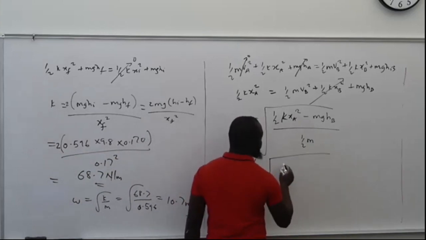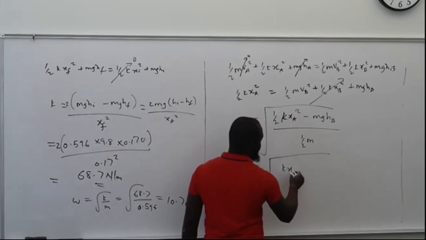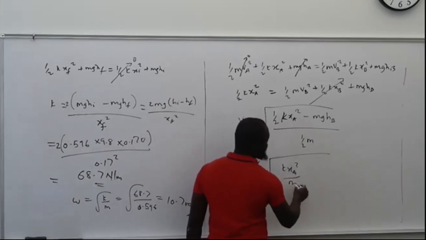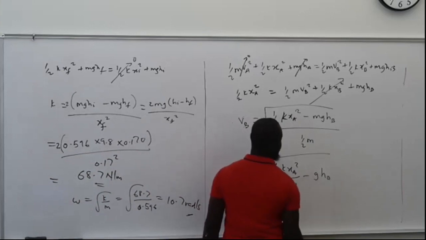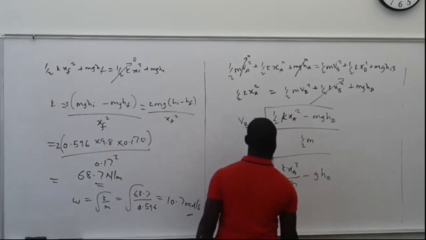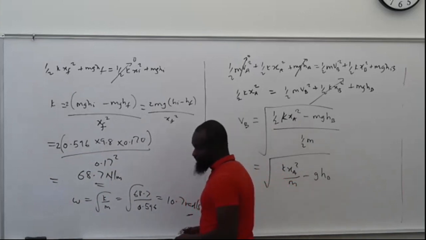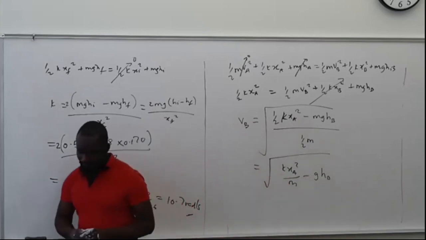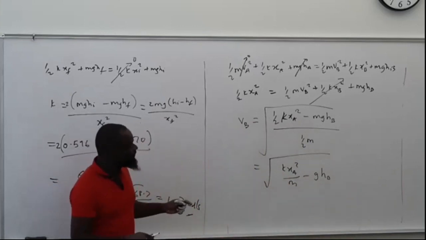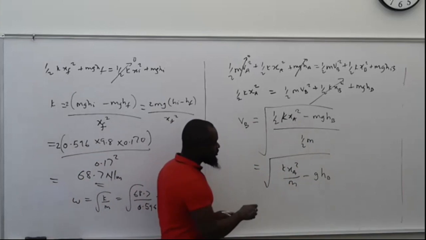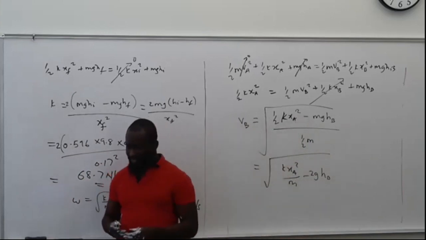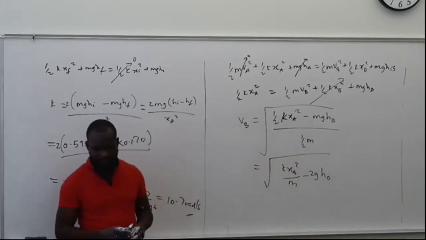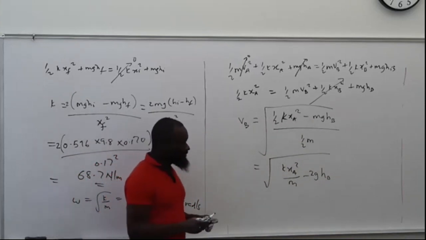The half cancels half: kxa squared over m minus 2 ghb, actually, because the half goes up for that part, okay?